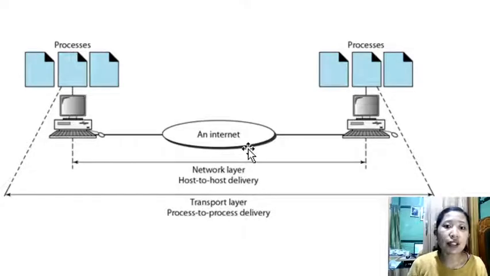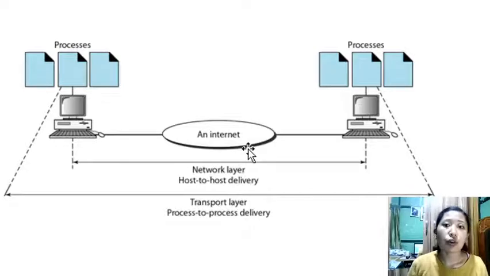If the network delivers that message only to the receiver computer, that is not sufficient. From the receiver computer, the message has to be delivered to the correct process. That is, it has to go only to Yahoo Mail, which is running on the receiving computer.